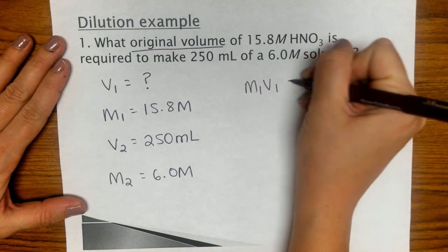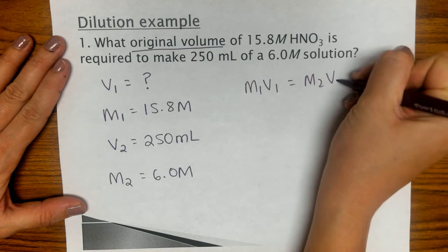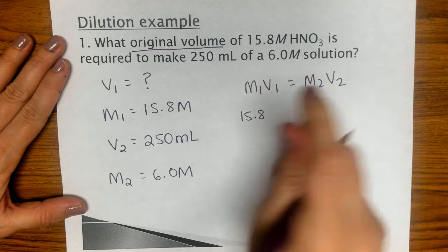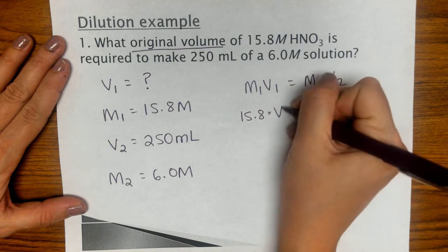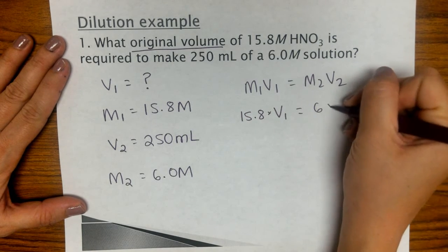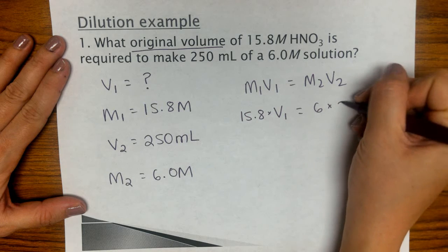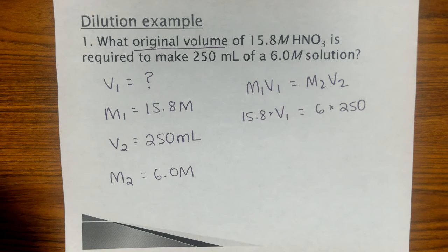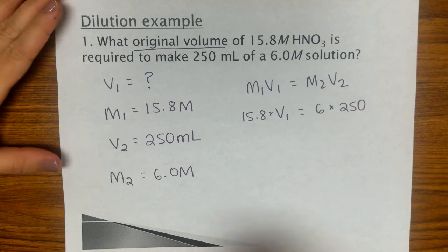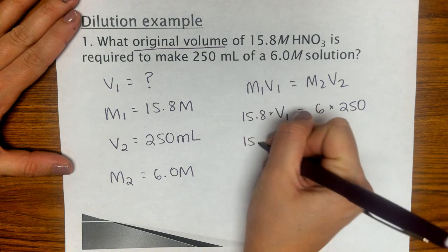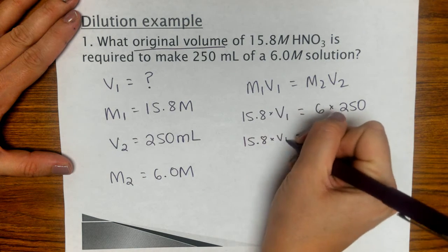And so we just plug this into the formula. Super easy. M1 V1 equals M2 V2. My molarity 1 is 15.8. I don't know my V1, so just leave that. Equals my M2 is 6 times my V2, which is 250. And then grab your calculator. 6 times 250 is 1500 equals 15.8 times V1.